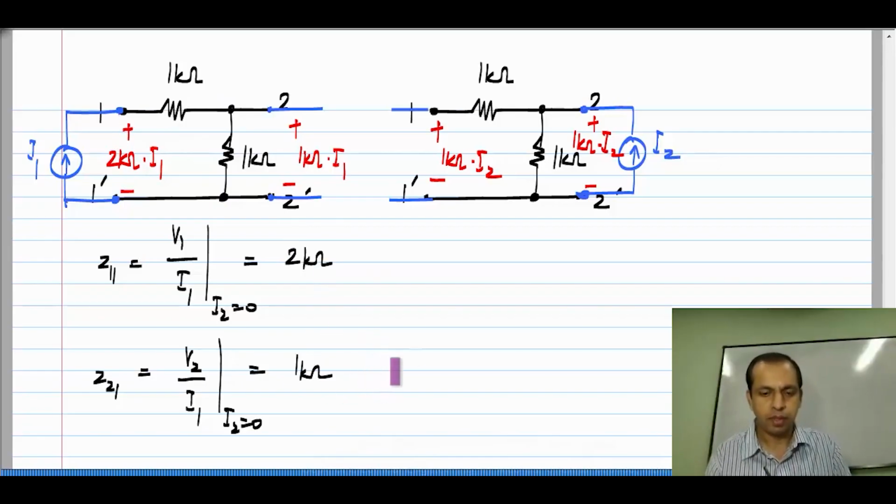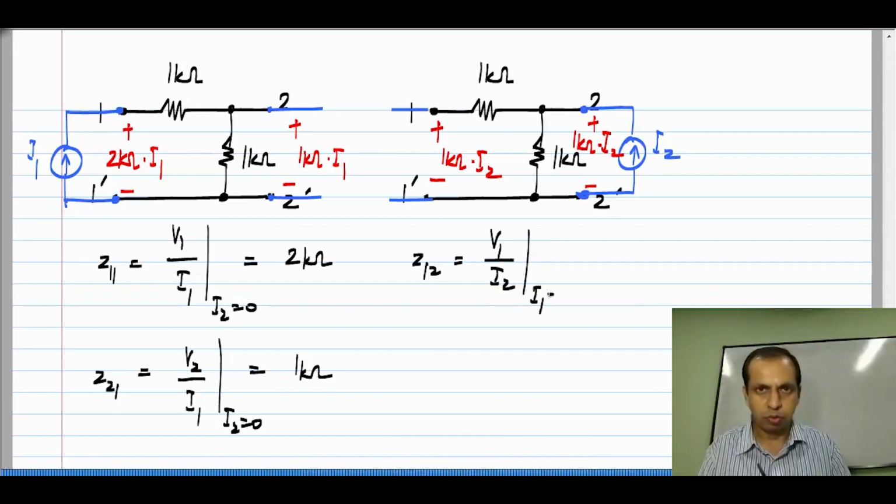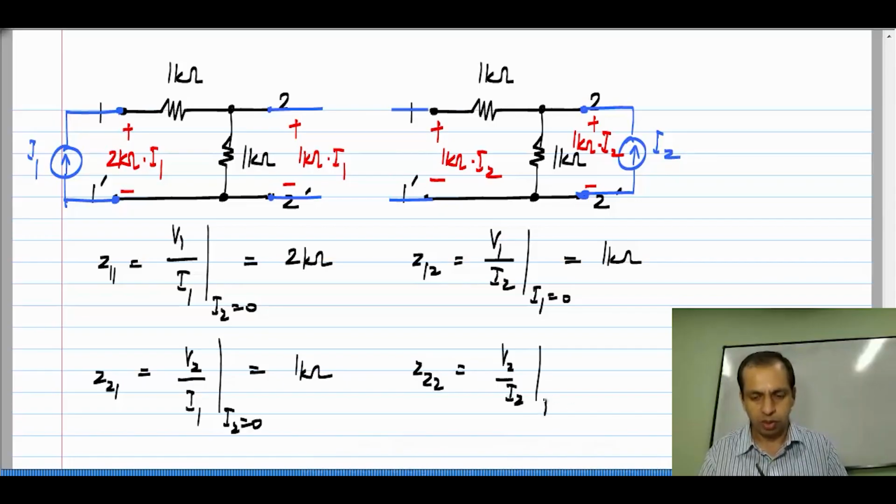Now, let us go to the other circuit, and from this we will get Z12, which is V1 by I2 with port 1 open circuited, which gives you 1 kilo ohm, and Z22, which is V2 by I2 with port 1 open circuited, which is also 1 kilo ohm.